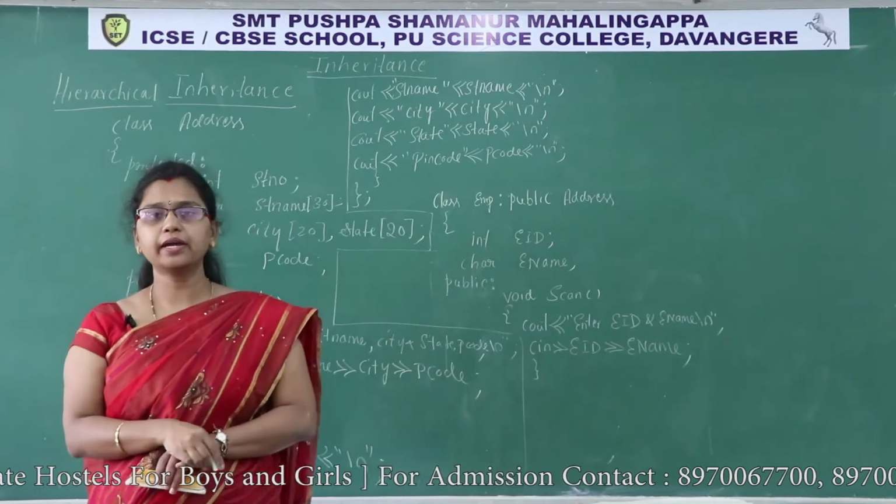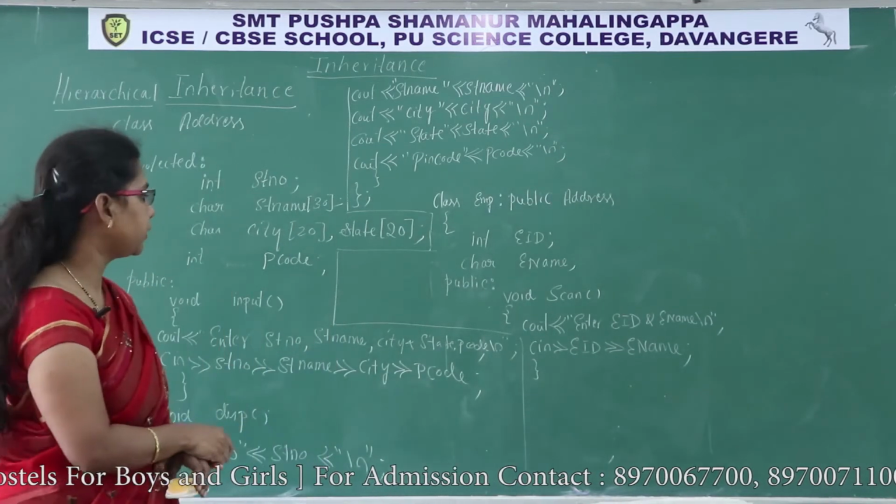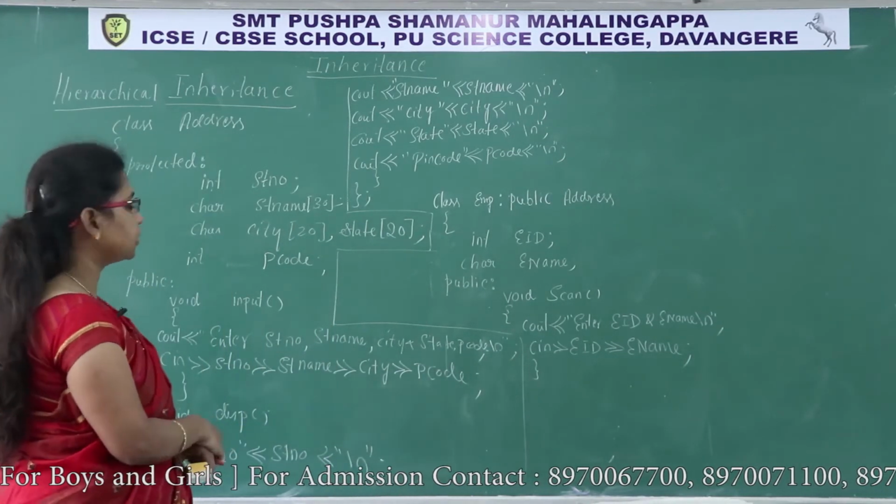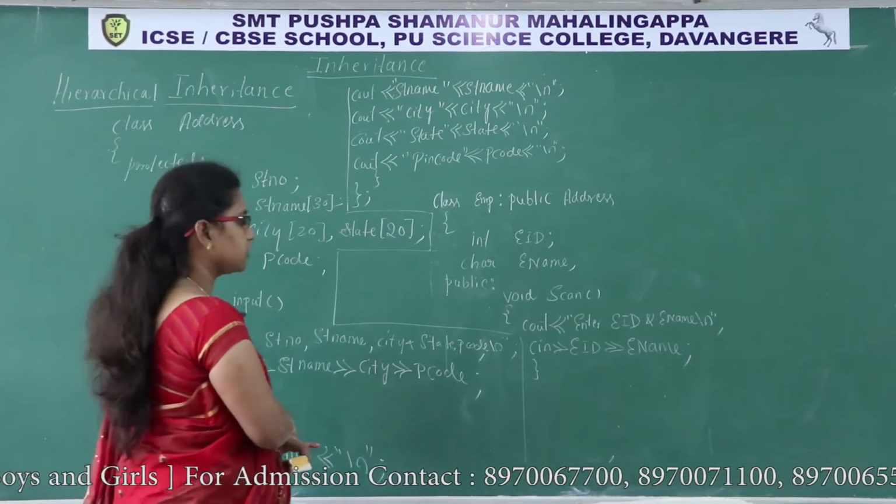After reading employee ID and employee name, I want to read the employee address, so I can call the input function, which is already there in the address class.